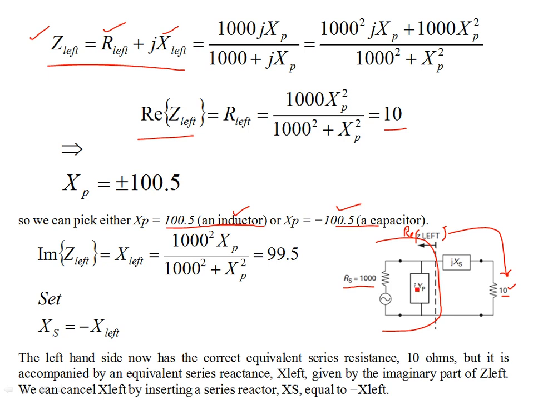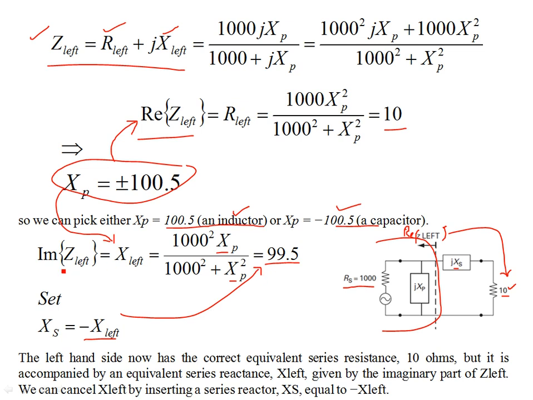So you can have a capacitor or inductor in parallel with the source resistance, which is higher than either of these two resistances, and then you are left with the X left. Substituting this value of XP, which is found from this expression, down into the X left expression over here, what you get is 99.5, and you set your XS, the series reactor, equal to minus X left to cancel the effect of the imaginary part of the Z left.